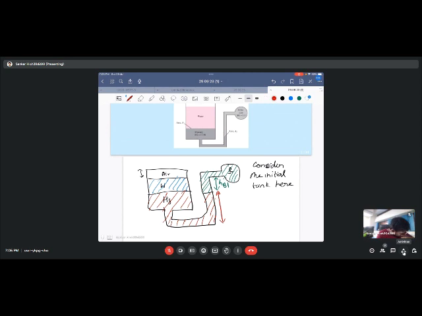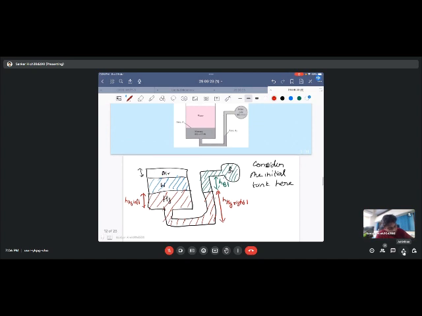Let us assume that the height of mercury in the right limb to be HG right 1. Let us assume that the mercury in the left is equal to HG left. And let us take this to be H water.